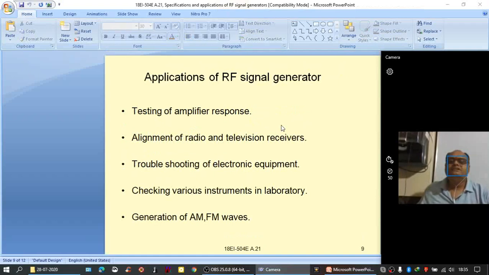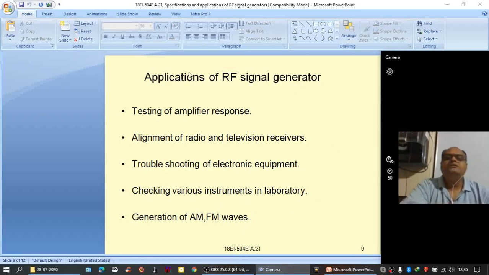And the applications of RF signal generator are testing of amplifier response, alignment of radio and television receivers, troubleshooting of electronic equipment, checking various instruments in the laboratory, and generation of AM and FM waves.